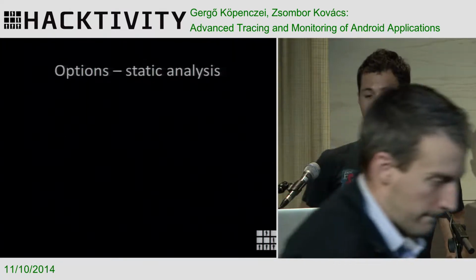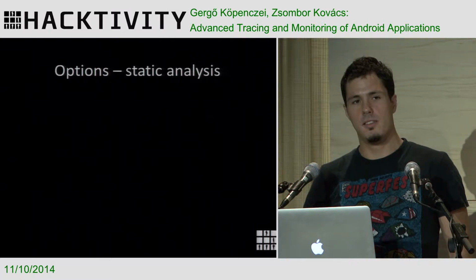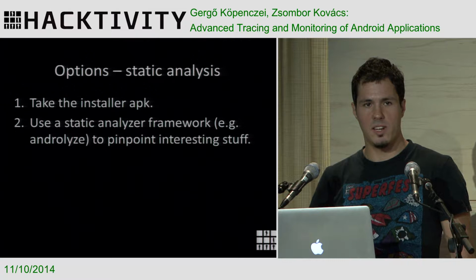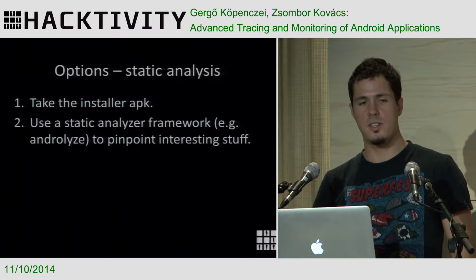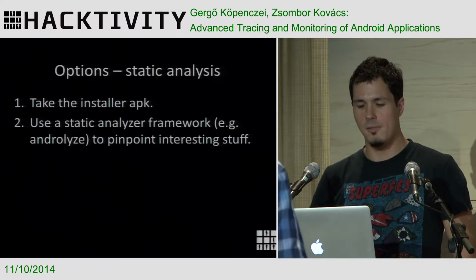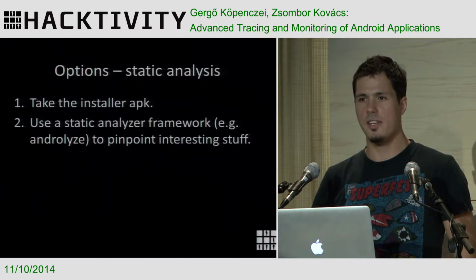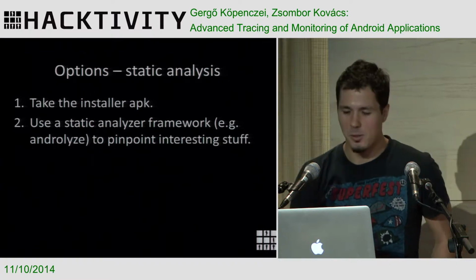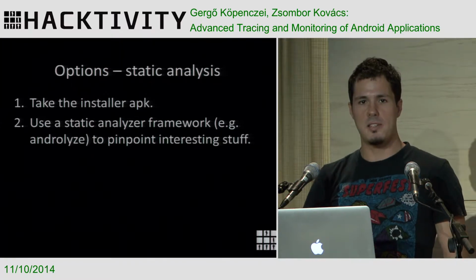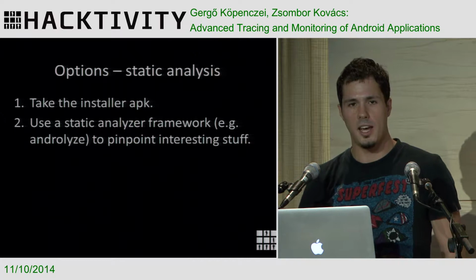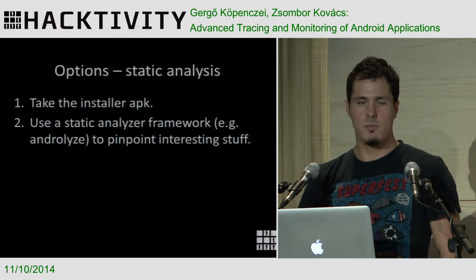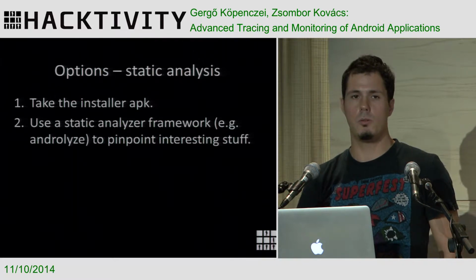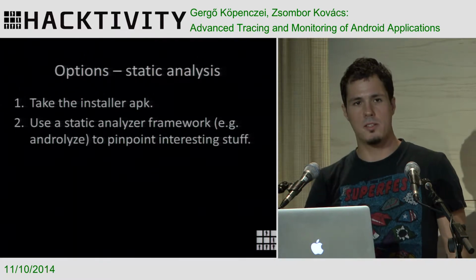And we opted for a little bit advanced approach, took the APK, used a static analyzer framework to pinpoint interesting stuff within. Who has ever used Androlyze? No one. Cool. So Androlyze is a static analyzer framework. You give an APK to it. It performs some magic autopsy on the contents and pinpoints you which classes and which methods do interesting stuff.